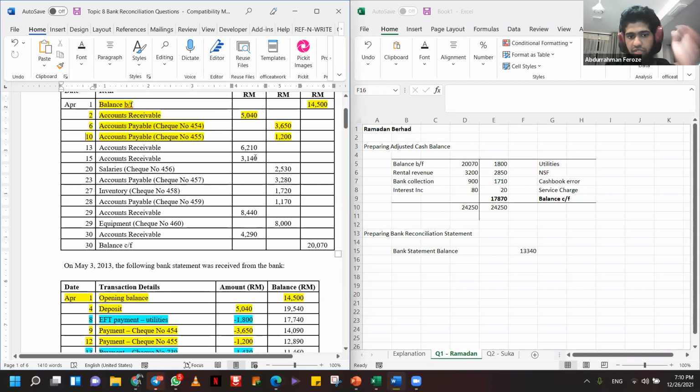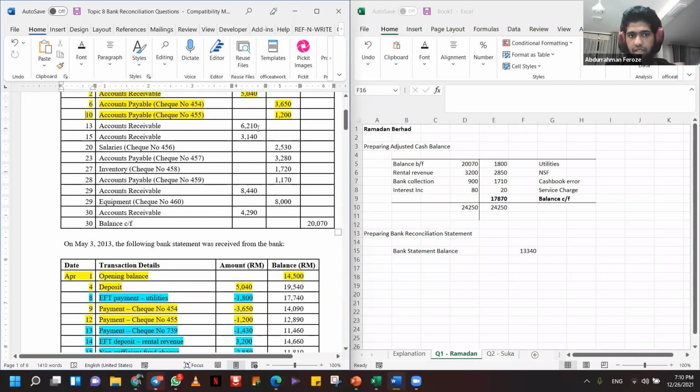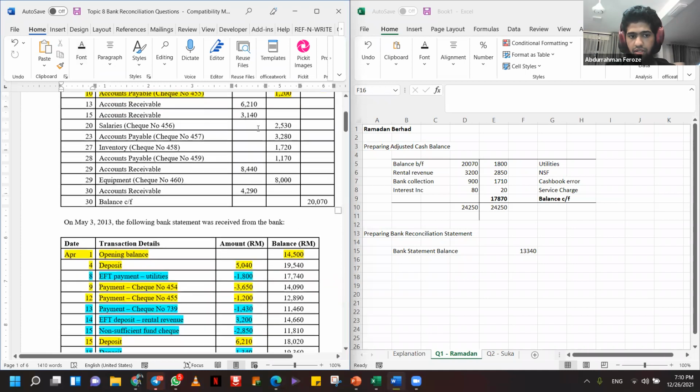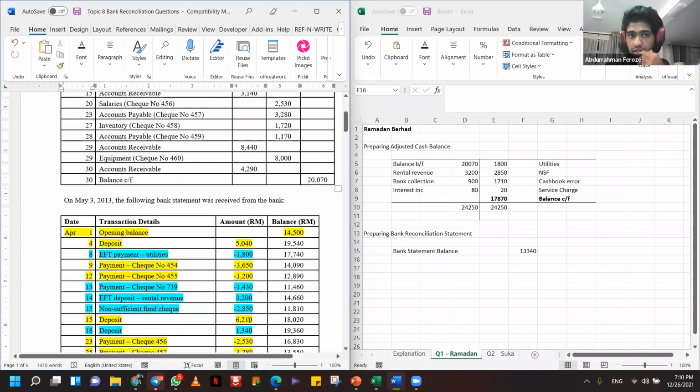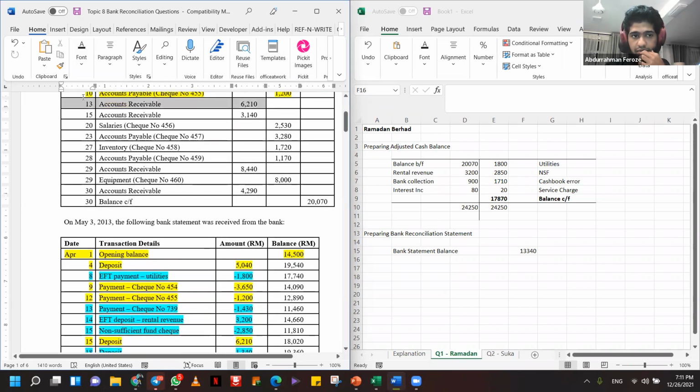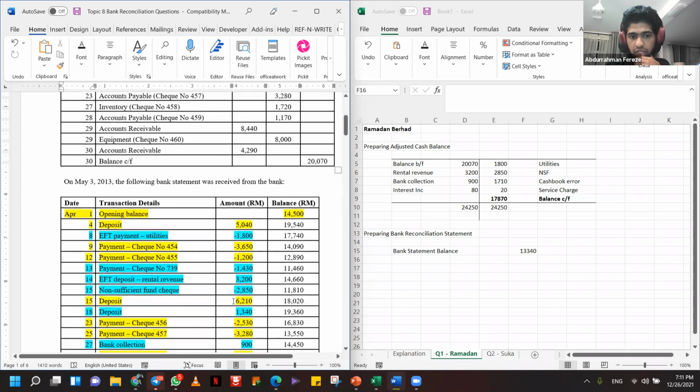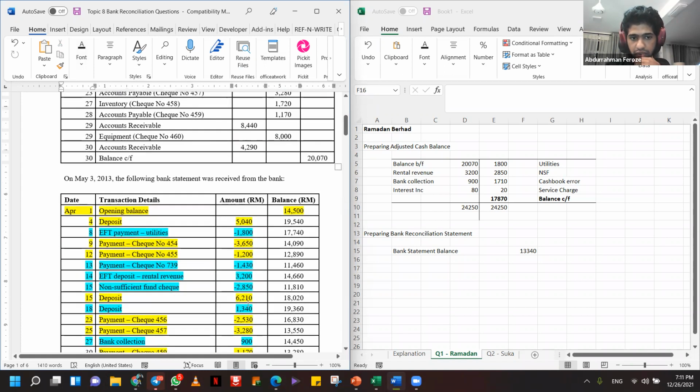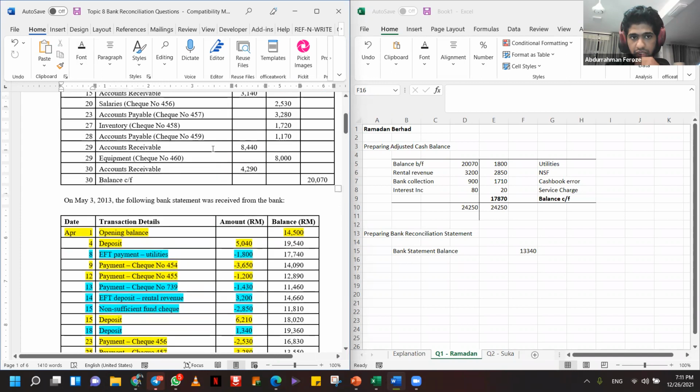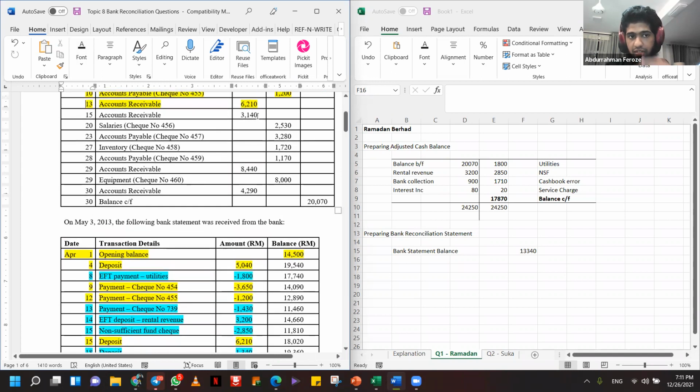And then you have account receivable 6,210. This is not there in the bank. Wait, so this is there in the bank. 6,210 is there. All right, is that okay? And then you have account receivable 3,140.